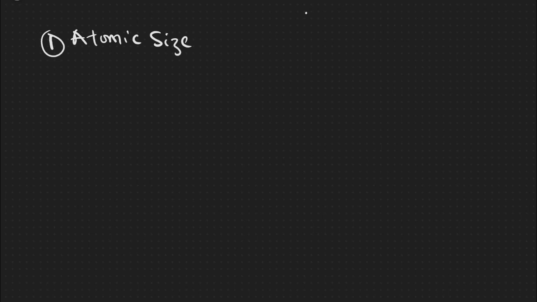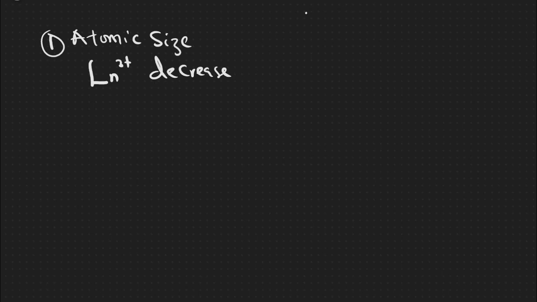Due to this contraction, the size of the tri-positive lanthanide ion decreases regularly with increase in atomic number. So this lanthanide positive ion will always what? Decrease. Ionic size will decrease. So that's one of the consequences.